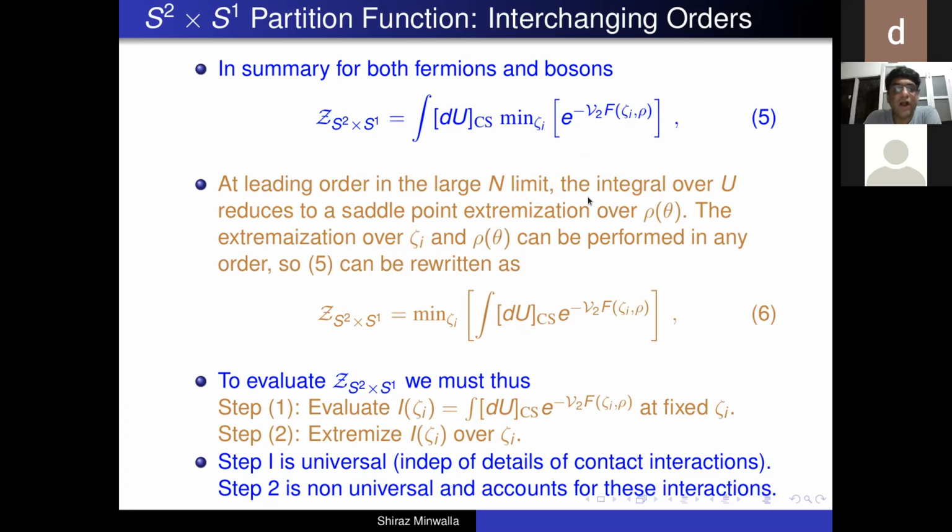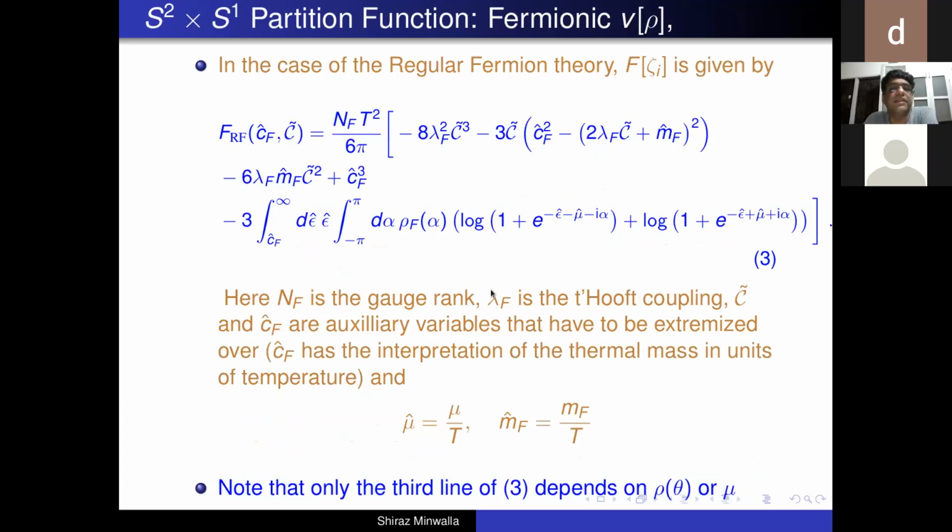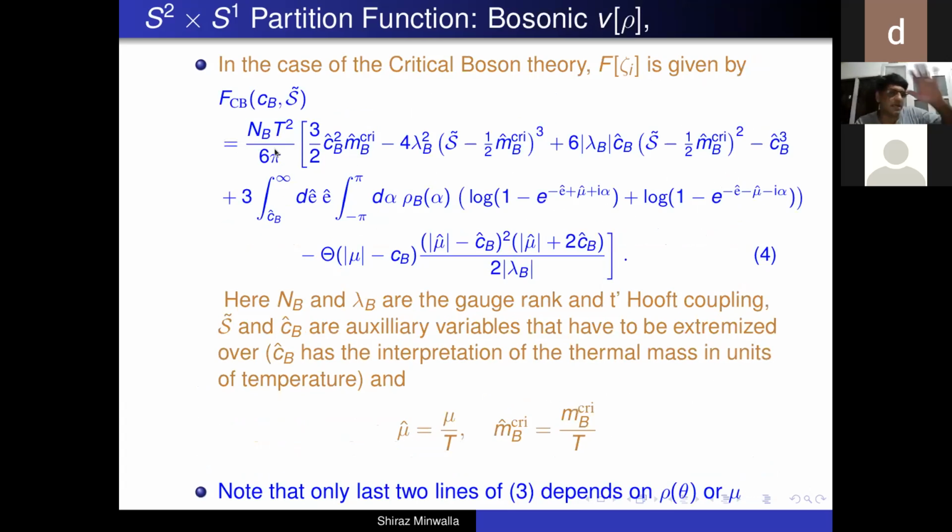Now, recall that in order to perform this integral over u, we only need to keep in the bosonic part the terms in the off-shell free energy that depend on u, that depend on the eigenvalue density function. Okay, because that's where the information over u is. The rest is constants as far as the integral over u is concerned.